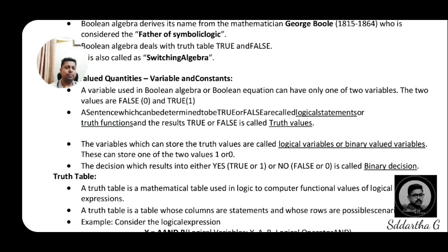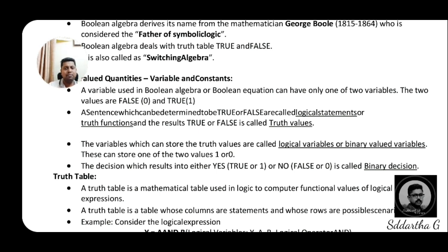If you are able to see some words on screen, some statements will come here. What are truth values, what are false statements and true statements, and what is a truth table. According to this concept, now we are going to discuss these 2 important definitions.